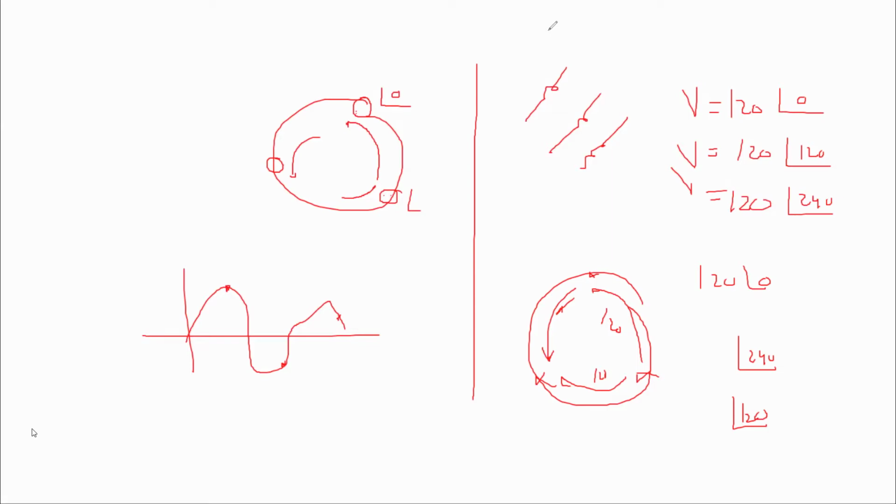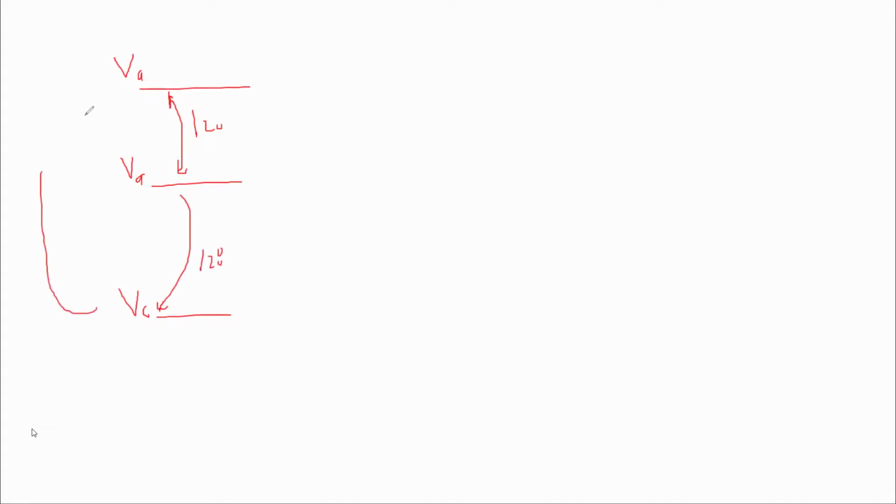Now what we want to learn from here, AC power: the voltage, when it's generated from the generator, will give you a three-phase system. One is called voltage at A, then voltage at B, voltage at C. The difference between this and this is 120 degrees in phase angle, and between here and here is 120 degrees, and between here and here is 120 degrees.